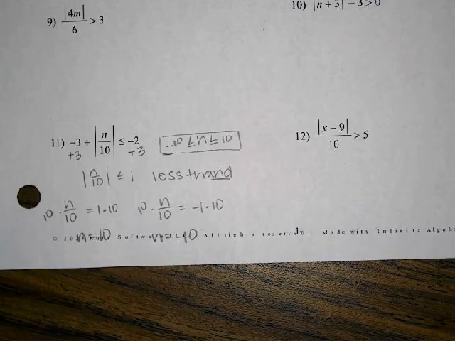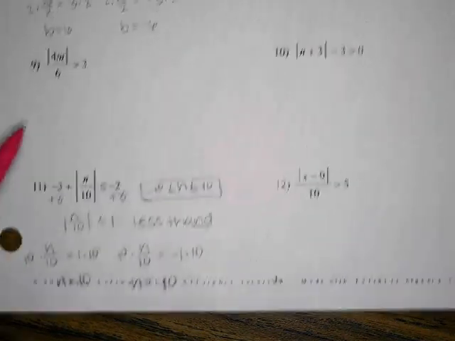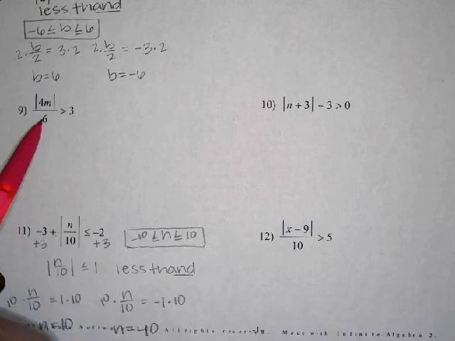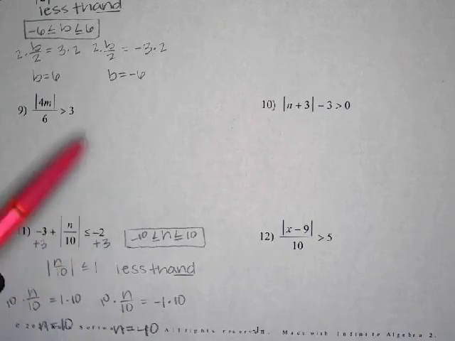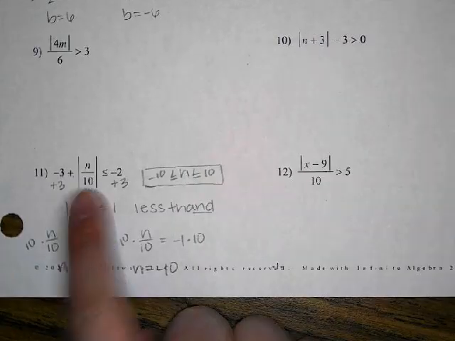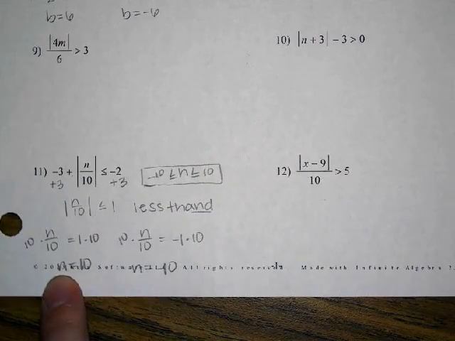So that line is the reason it doesn't go all the way down is because they're telling you the divide by 6 happens at a different time. So the divide by 6 is the first thing you would take care of. Like these, the divide by 10 is the last thing we did because it was inside the absolute value, it was protected.